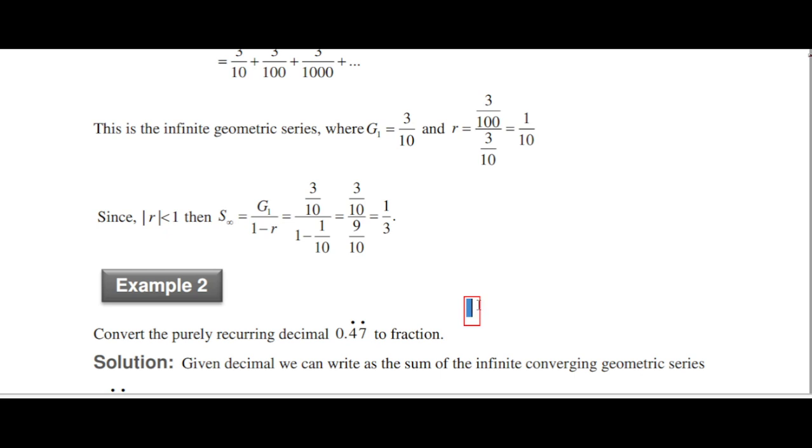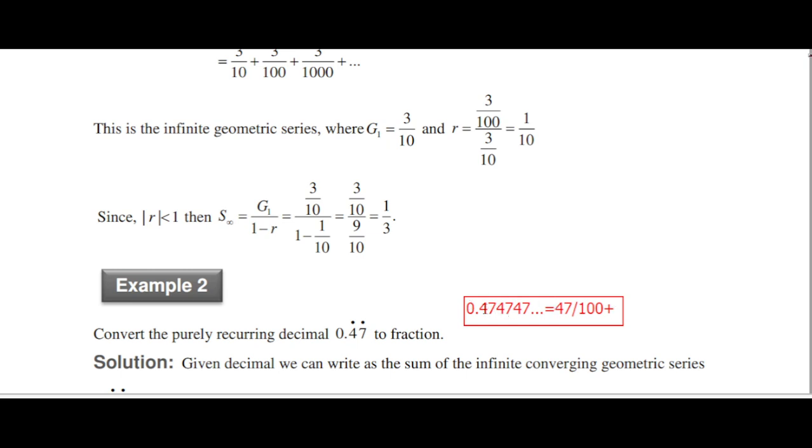So we can write 0.4747... is equal to 47 over 100 plus 47 over 10,000 and so on.